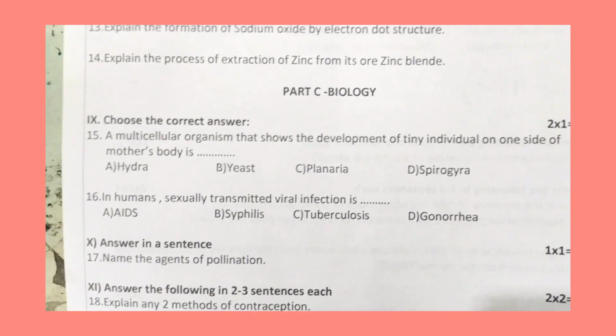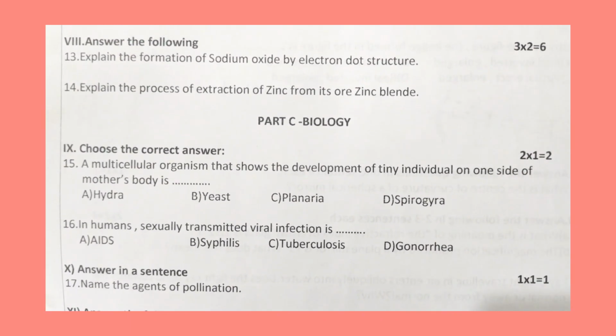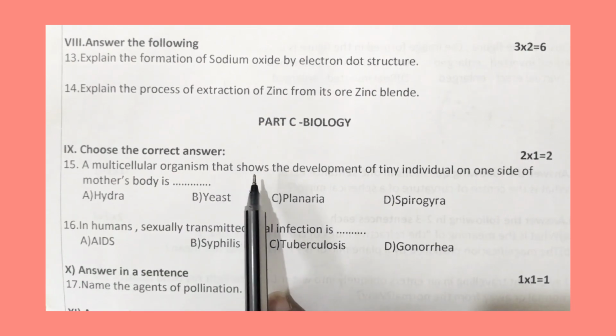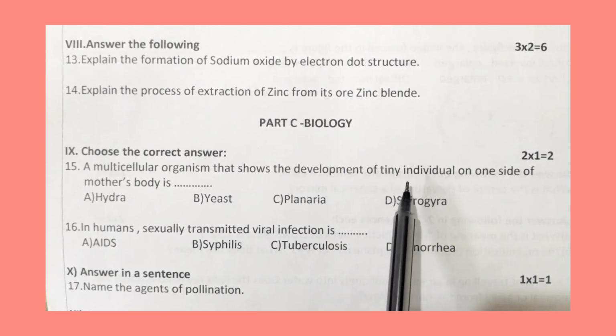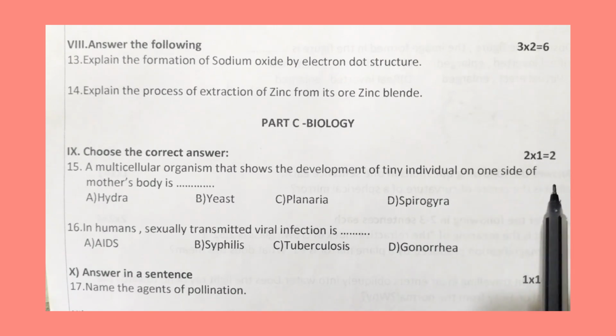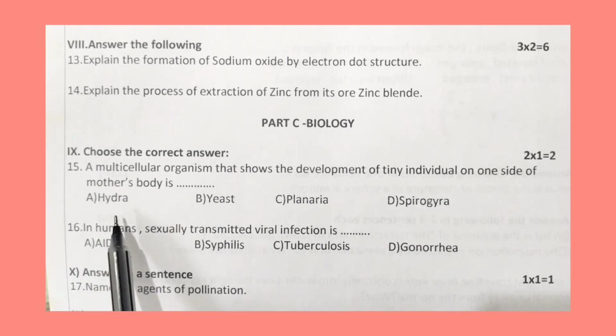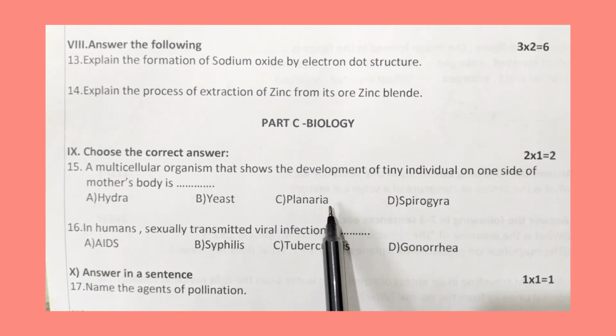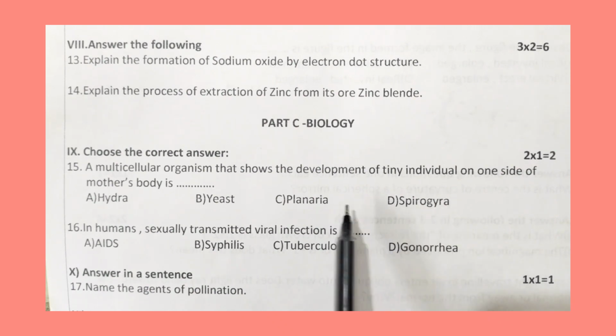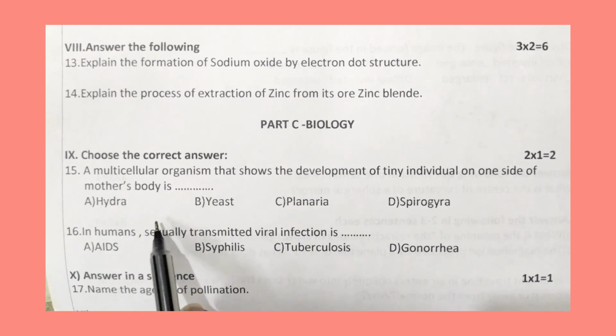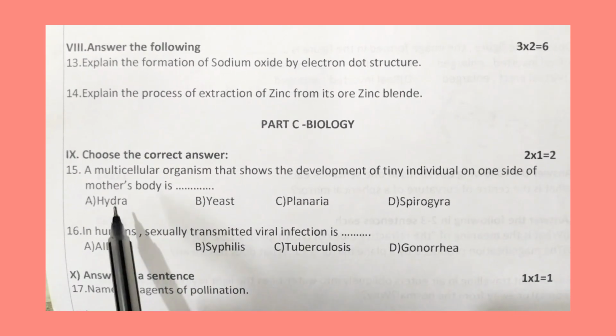Next let us move to the biology part C. Choose the correct answer: a multicellular organism that shows the development of a tiny individual on one side of the mother's body. Hydra, yeast, planaria, spirogyra. Among these four options, the right option is Hydra.